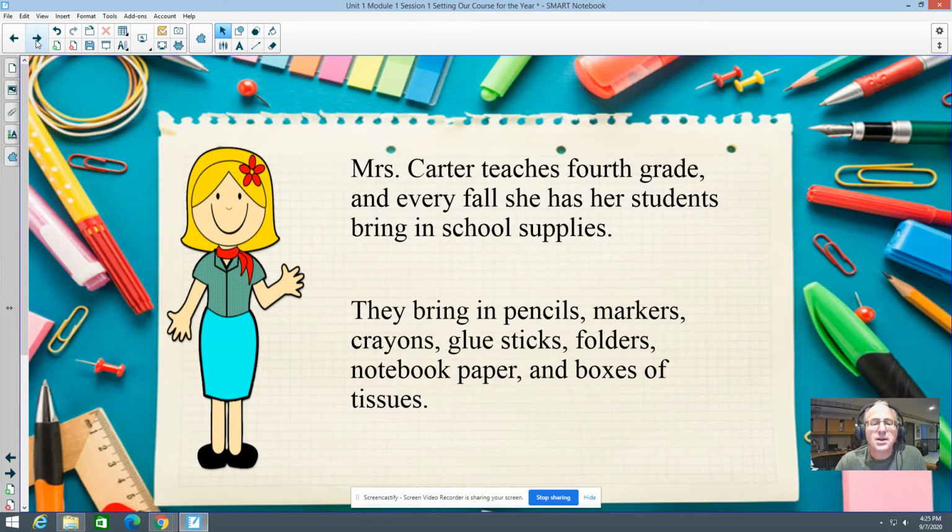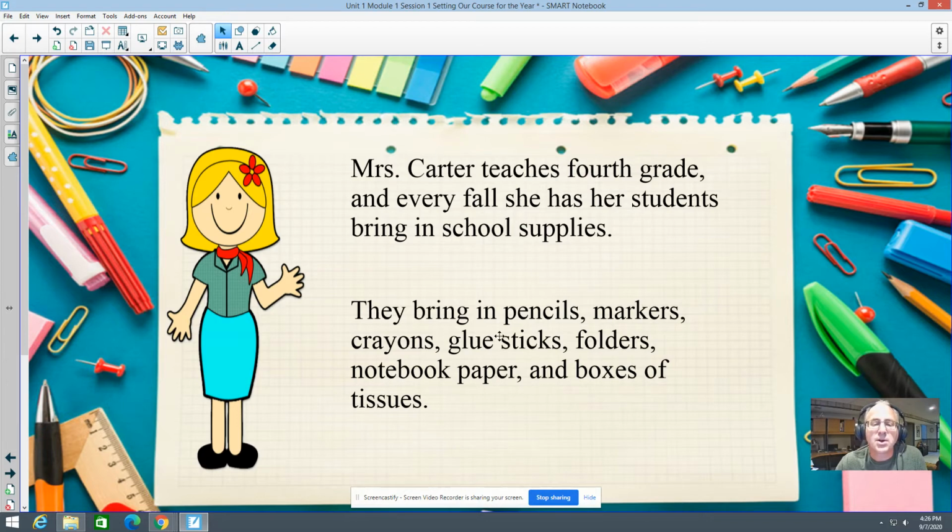So now we're going to get into a little bit of a story problem where you can use some of these strategies from third grade. And we're going to be talking about school supplies since we just brought in a bunch of them. So here's your problem. Miss Carter teaches fourth grade, so here she is right here. And every fall, in the beginning of school, they have to bring in school supplies, just like you did.